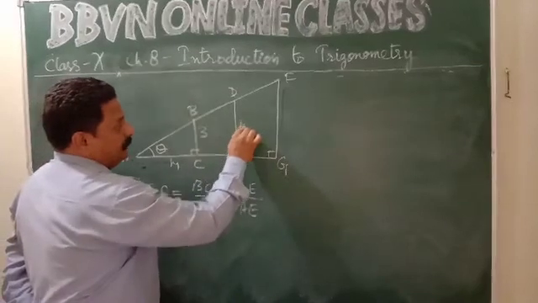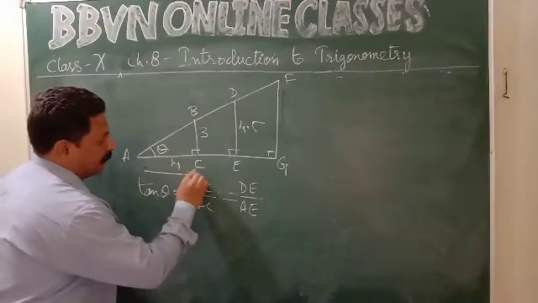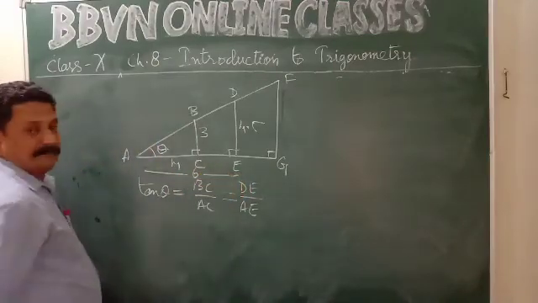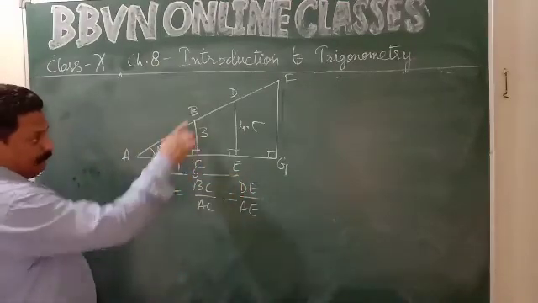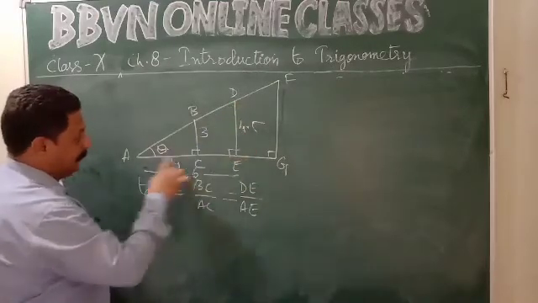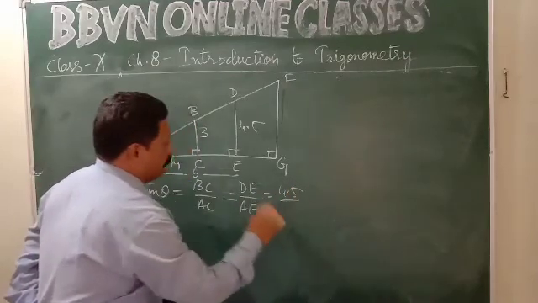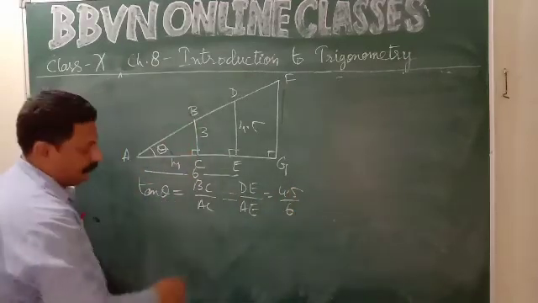Now, if this is 4.5 centimeters, this A to E has to be 6 centimeters. Now, this ratio BC upon AC is 3 upon 4. What is DE upon AE? It is 4.5 upon 6.